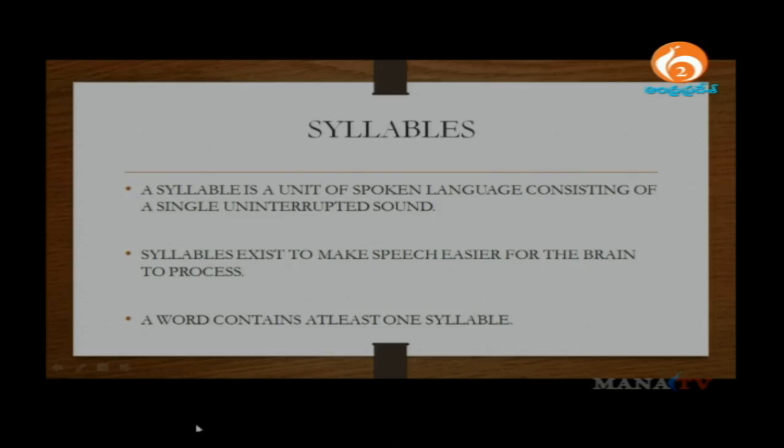We now have something very interesting, that is syllables. What are syllables? A syllable is a unit of spoken language consisting of a single uninterrupted sound. Now I just want to tell you guys what syllables are.